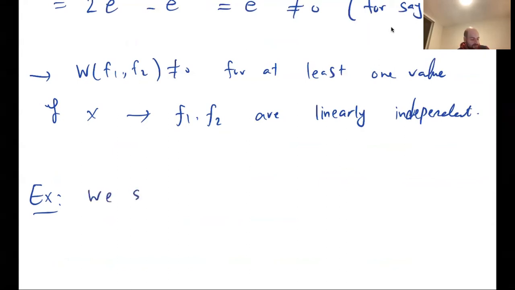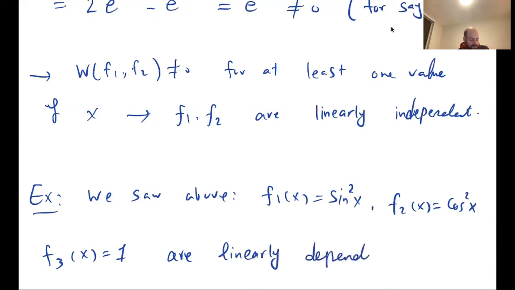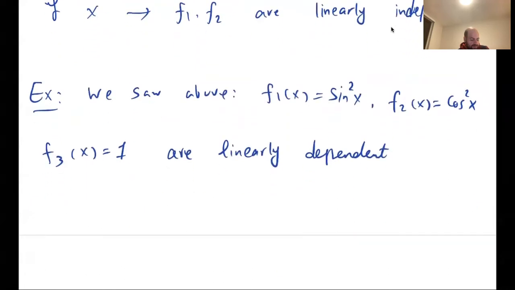So we saw above that f1 of x equals sine squared x, f2 of x equals cosine squared x, f3 of x equals 1 are linearly dependent. We can verify this using the Wronskian.